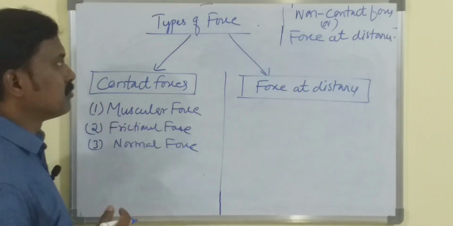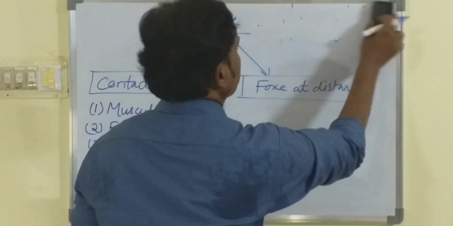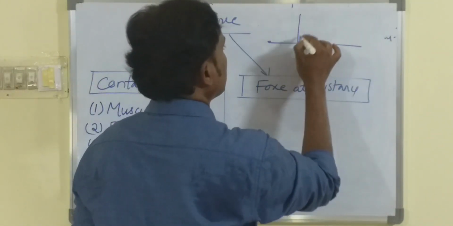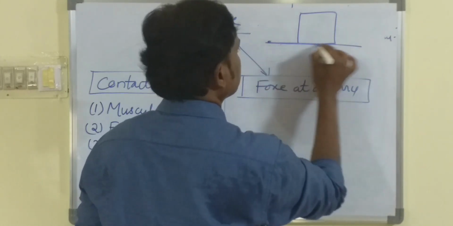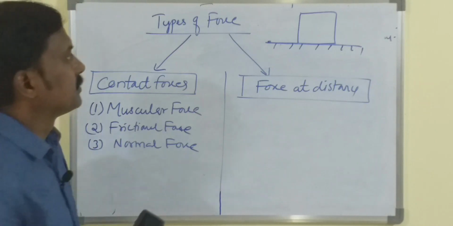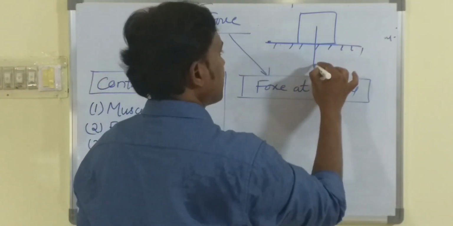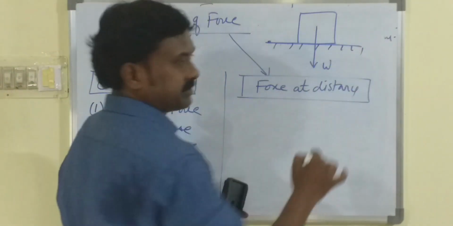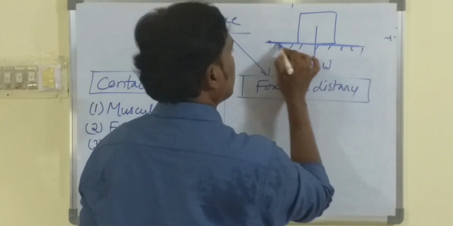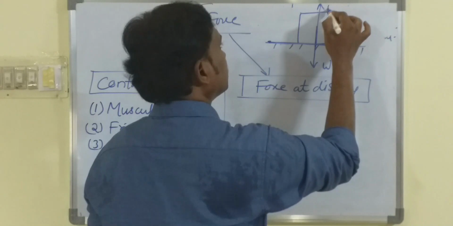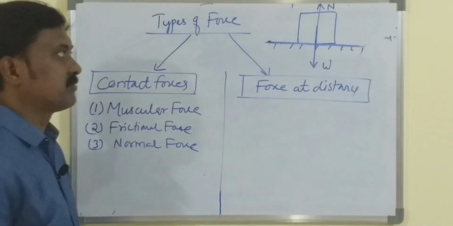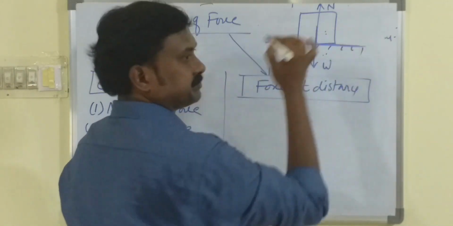Coming to the normal force, whenever an object is present on any surface, let me say this is a table and there is a body on the table, definitely one force is acting in the downward direction, that is the weight of that object. Now this surface is exerting one force in the upward direction, that is what we call a normal force. So that is also a contact force, because there is a contact here.